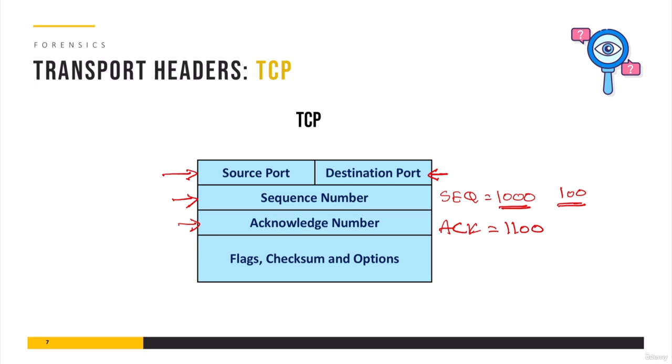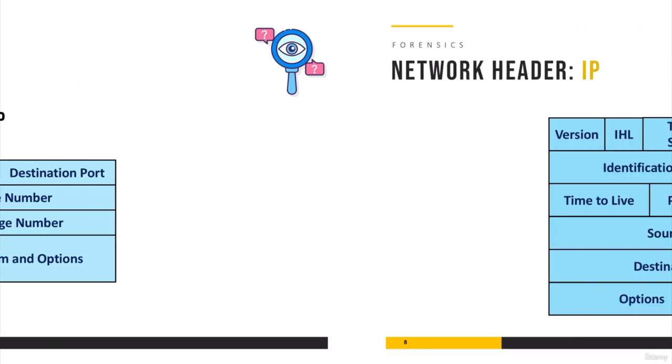Basically it's saying that I acknowledge I have received everything, 1000 plus 100 is equal to 1100, so you need to send from 1100 onwards. This is just a way for source and destination to keep track of what's being sent and what's being received. And then we have the flags and checksum fields. The checksum validates whether the packet has become corrupted or not.